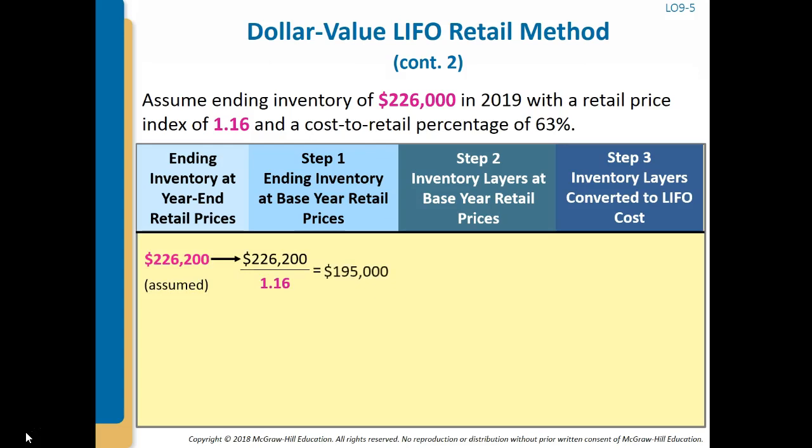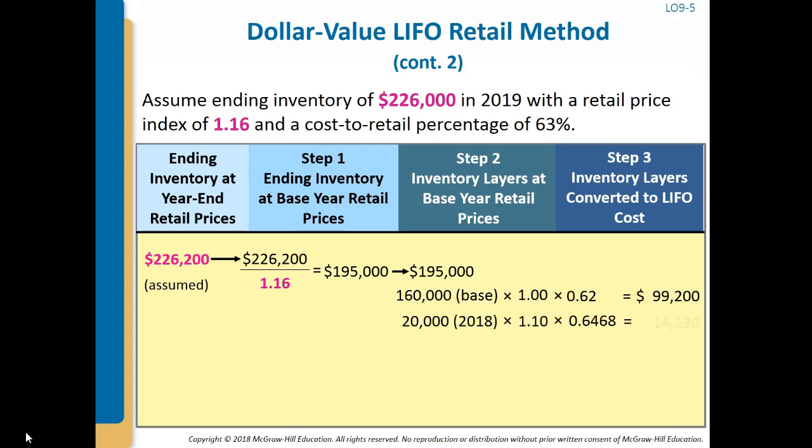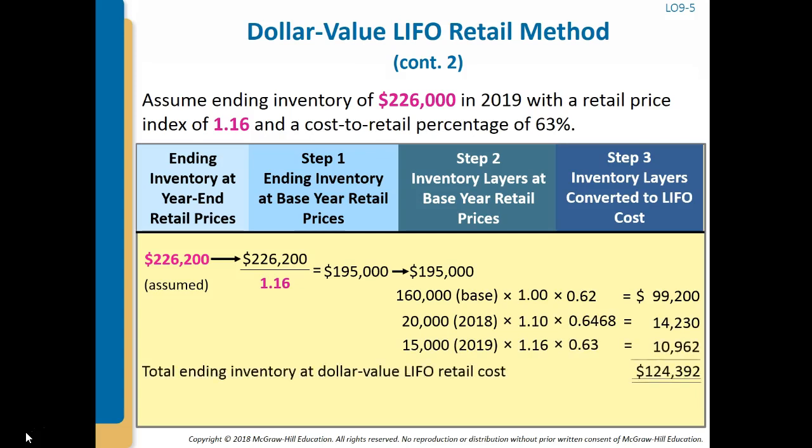When additional layers are added in the subsequent years, their LIFO amounts are determined the same way. For example, let's assume ending inventory in 2019 is $226,200 at current retail prices, and the price level has risen to 1.16.